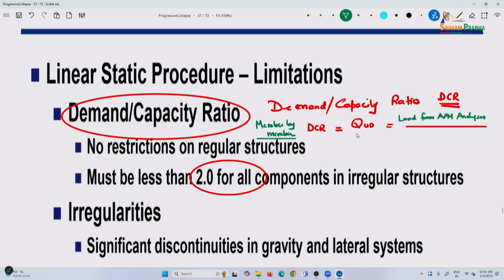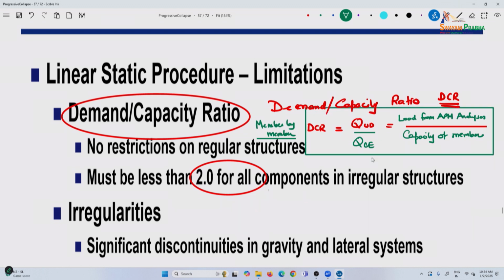So, this is the load from the analysis of the member divided by, let us say, QCE, the capacity of the member. The criteria that is used is that DCR should be less than or equal to 2.0 for all members.